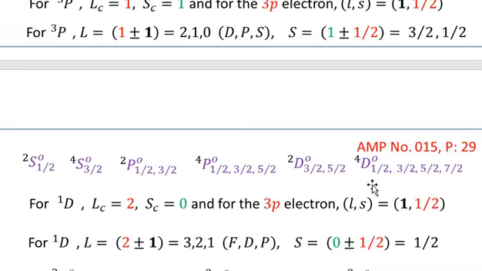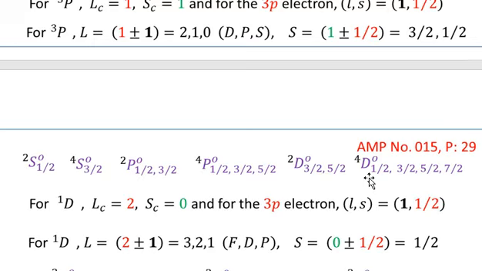Similarly, let me explain, for example, the values of the total angular momenta I have written for these 4D terms. For the D term, I have capital L equal to 2. From the multiplicity 4, I have capital S equal to 3/2. So I have capital L equal to 2 and capital S equal to 3/2.